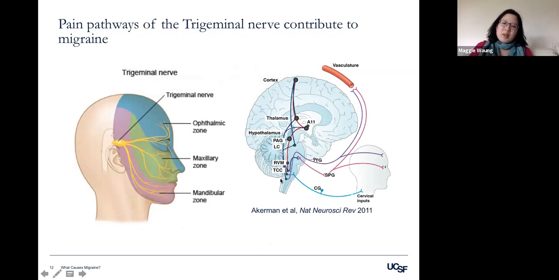I know this is a complicated slide, but this region is special because it receives sensory input from the trigeminal nerve, which gets pain information from the face, and also from vessels around the brain and in the skull. This brainstem area also gets some inputs from the cervical pain fibers, pain fibers from the neck.